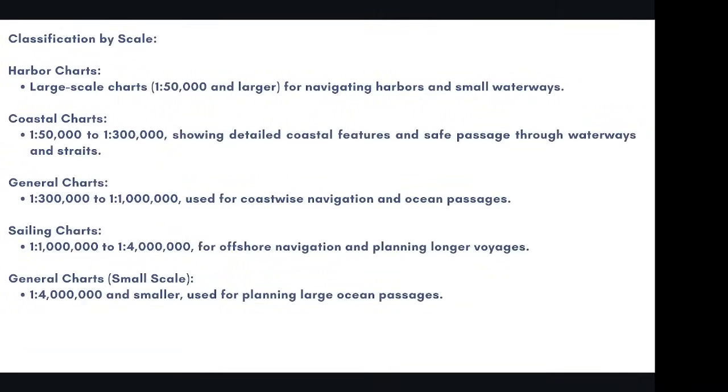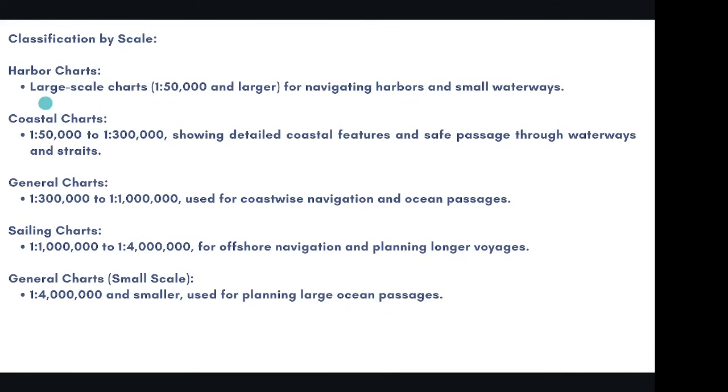So we have here the classification by scale. It says here if we have the harbor charts, this is the large scale charts. So this is for navigating the harbors and small waterways.